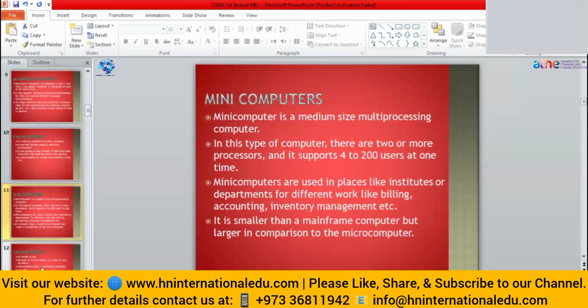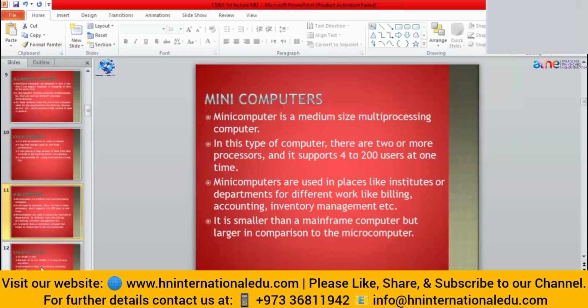Now the next one is the minicomputers. They are the same as the mainframe computer, but their size, capacity, and storage are less as compared to the mainframe computer. The purpose of both computers is the same: they have to facilitate multiple persons at the same time.